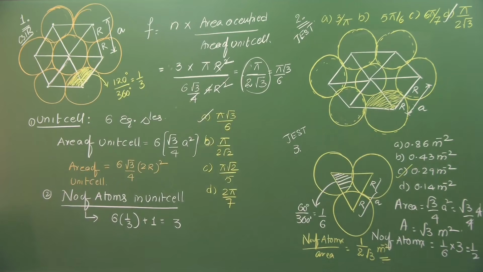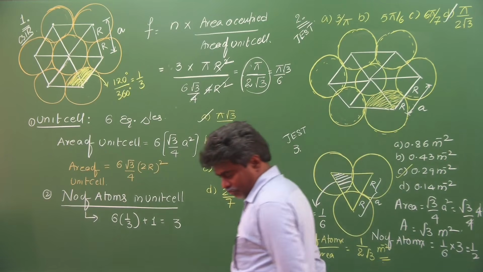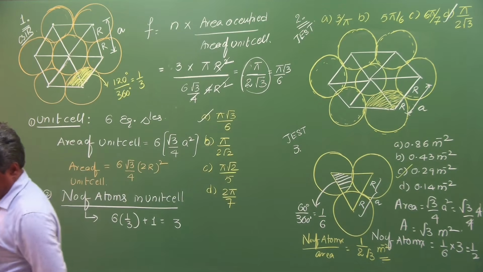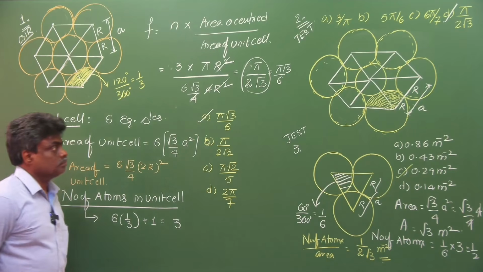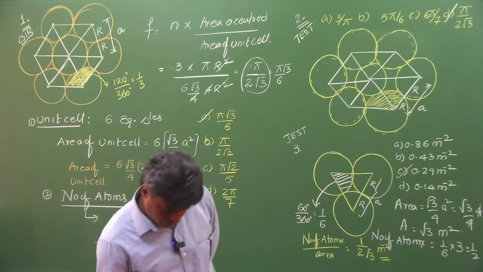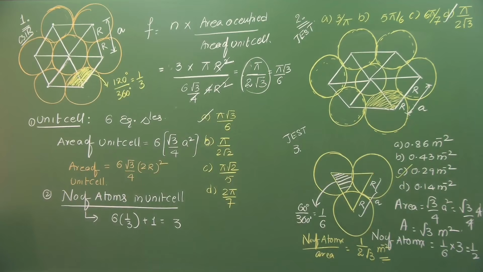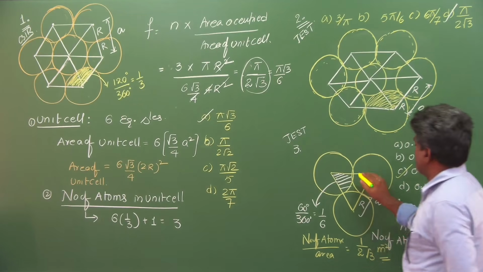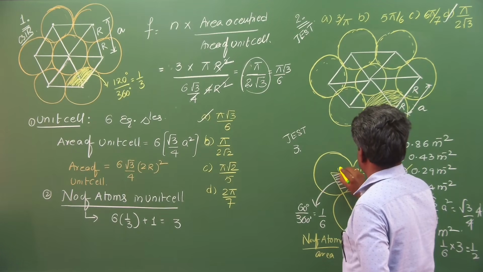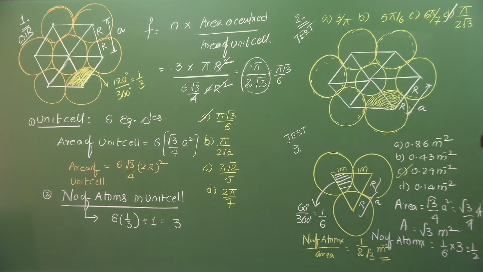The triangle is enough. The radius given is 1 meter, so 1 by 2 root 3 means I think the answer is C.